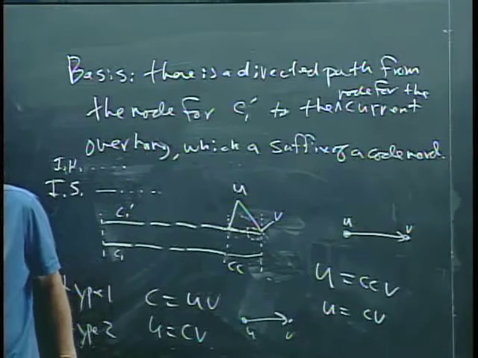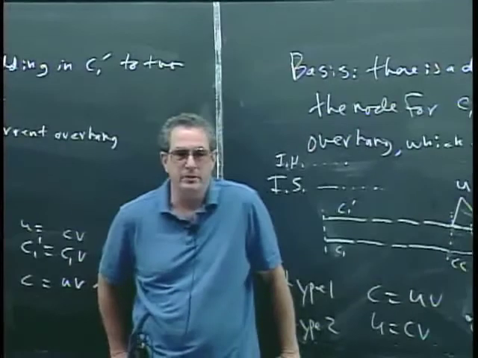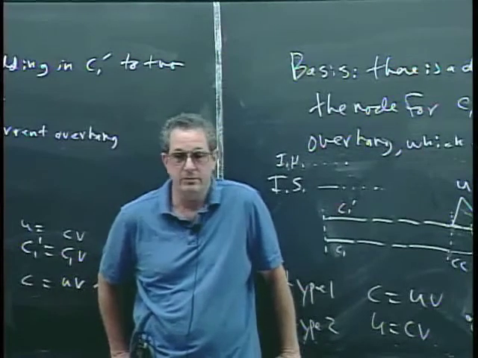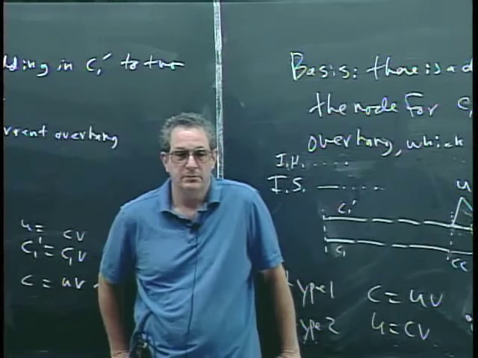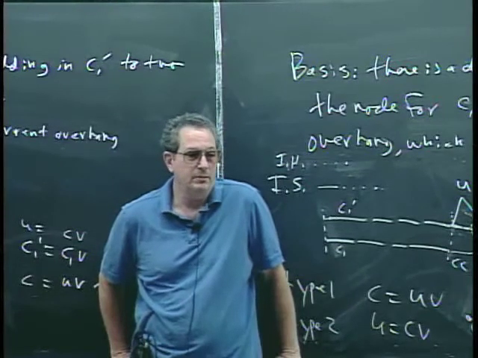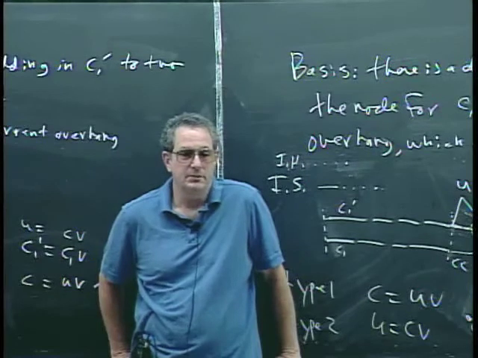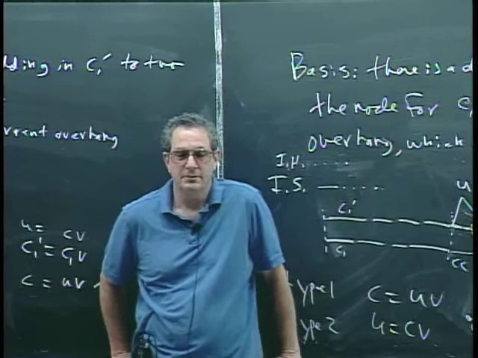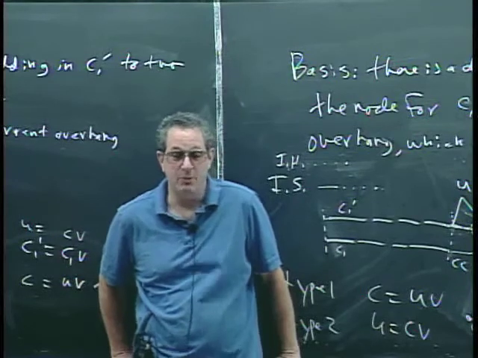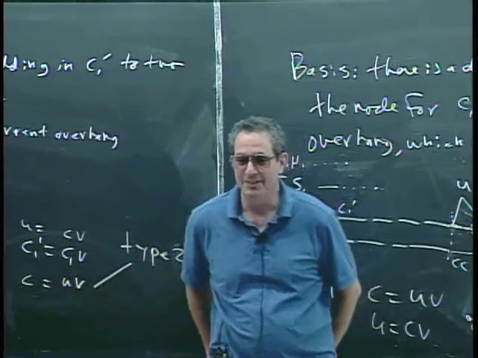Or, maybe I should make it a little bit weaker, is it true that there always exists a path that ends with a type 2 edge? Anybody have an answer to that? Anybody have a question about that? Okay. Yeah.